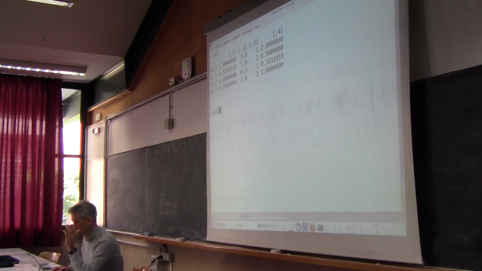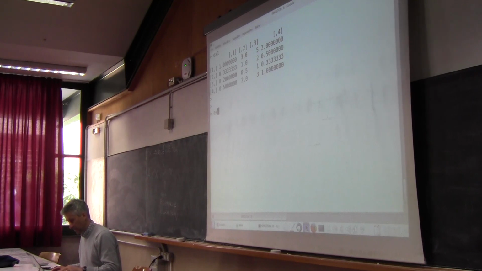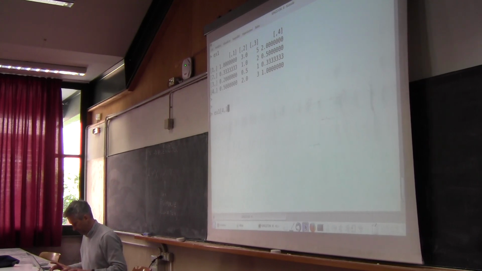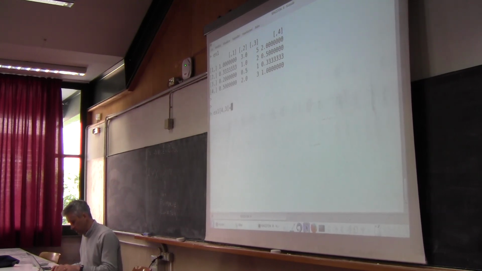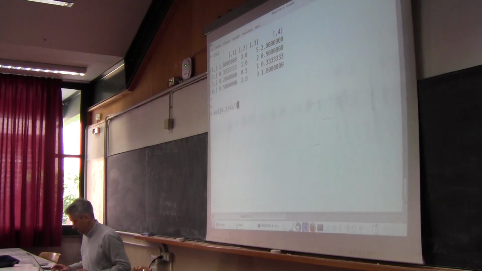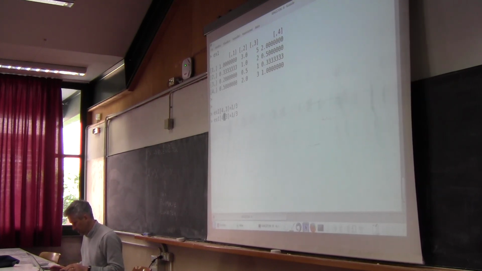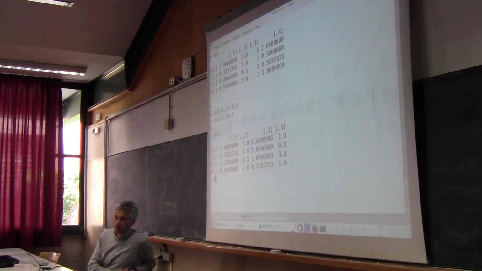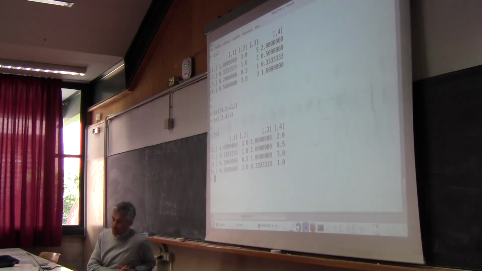Now let's suppose that we make a mistake, and therefore x43 is, let's say, 1/3, which means that x34 should be 3, and this is the matrix. This is clearly not consistent with what we did before.